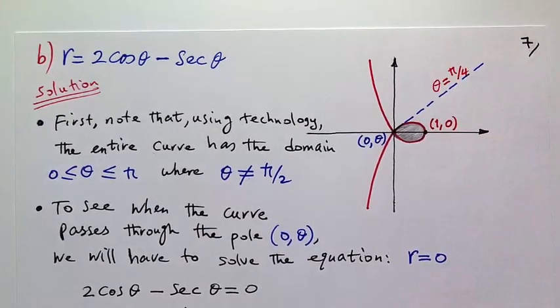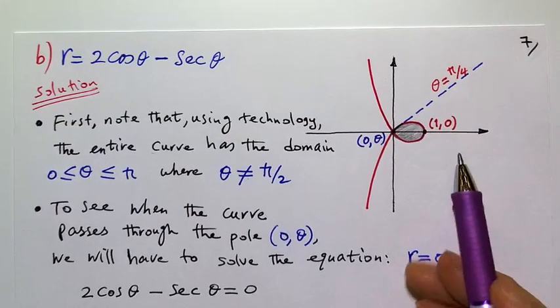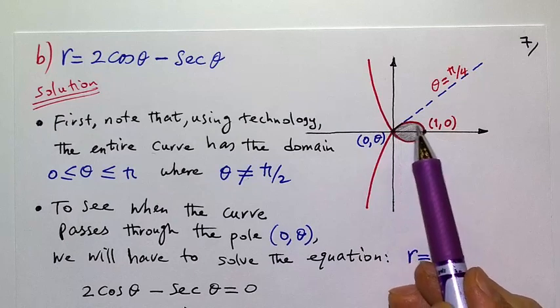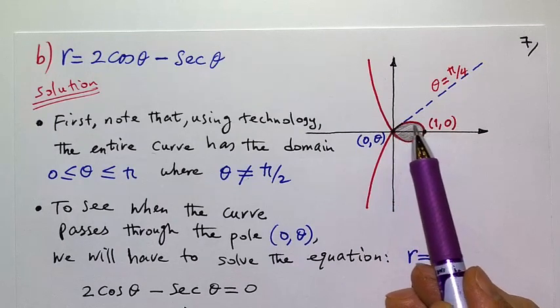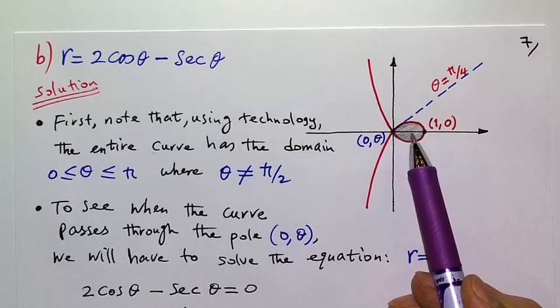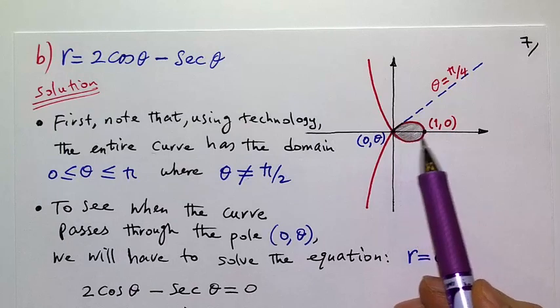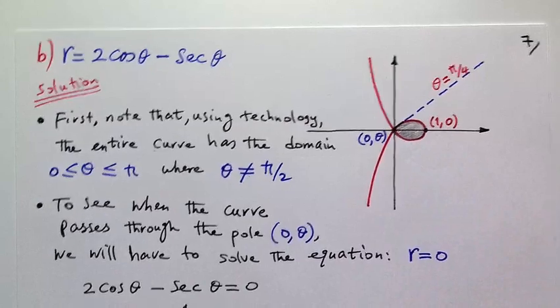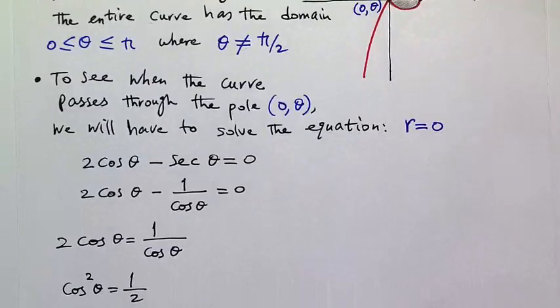So we can integrate from 0 to pi over 4, which will give us this piece, and then we can multiply the integral by 2 to get this piece, since these two area pieces are equal. Okay, let's do that.